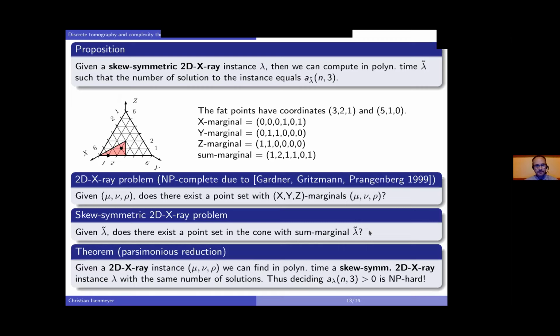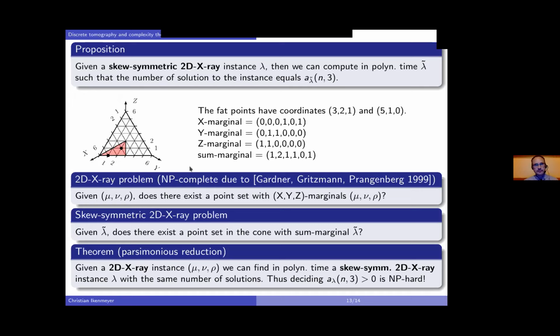So the main point, this slide basically contains all the things that you need. If somebody gives you a 2D X-ray instance, mu, nu, rho, and we know that that is hard, right? So you will not be able to solve that in polynomial time because it's an NP-hard problem. We have an algorithm that gives you a skew-symmetric 2D X-ray instance that has the same number of solutions.